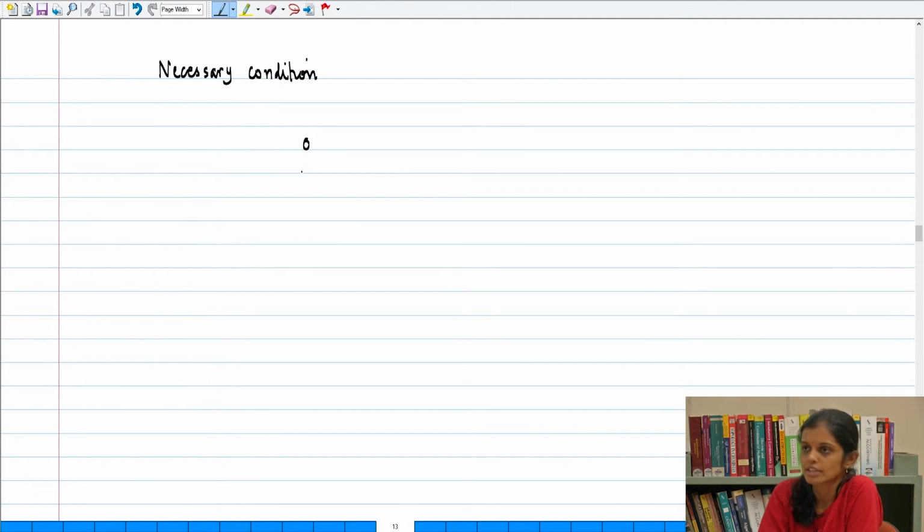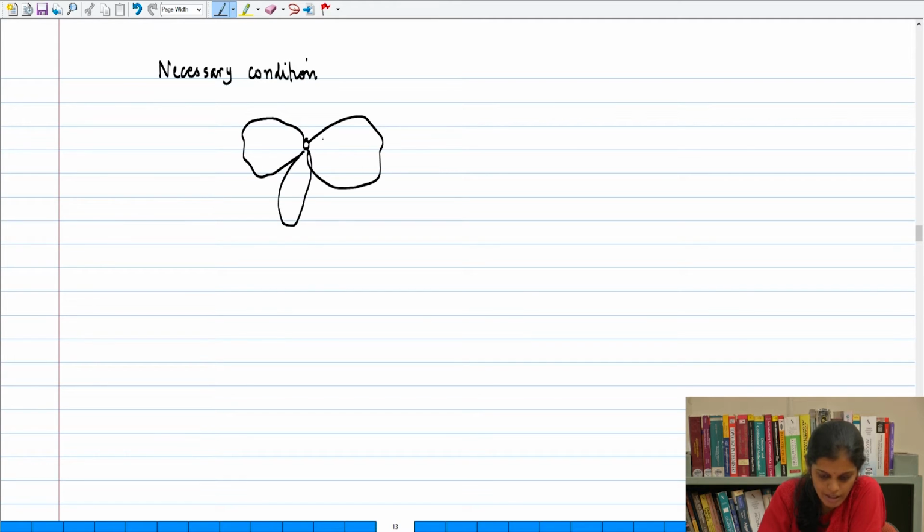A vertex whose removal disconnects the graph into 2 or more components, right? So let's say that there is this cut vertex. Just to make sure that this looks like a cut vertex, this is the way it looks. As soon as I delete this, I am going to split the graph into multiple components. Now can a Hamiltonian graph have such a cut vertex? No. So why?